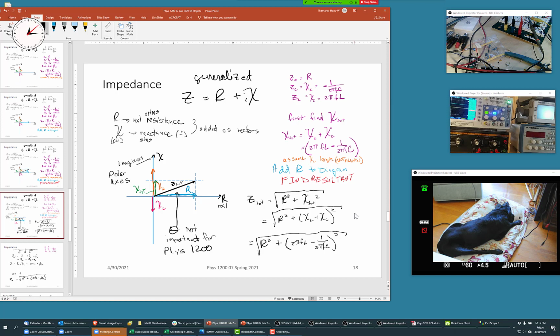Now, the ideal situation is when chi L and chi C equal each other, and then theta equals 0, and that means the power company, all they do is measure how much current passes through your meter. They don't really have a way to measure how much potential energy has been taken out, because when theta is not equal to 0, the power goes into the inductances.